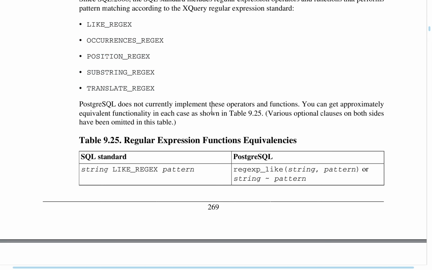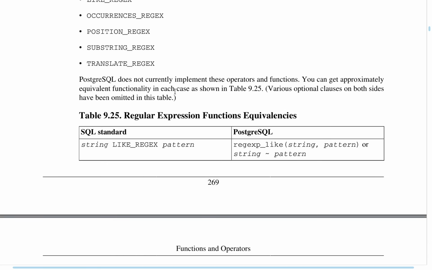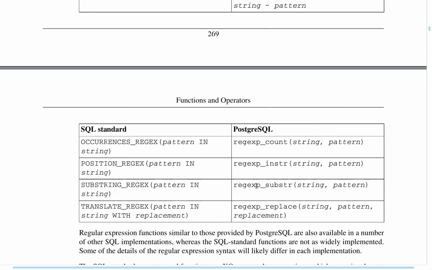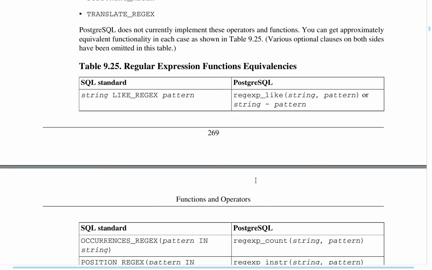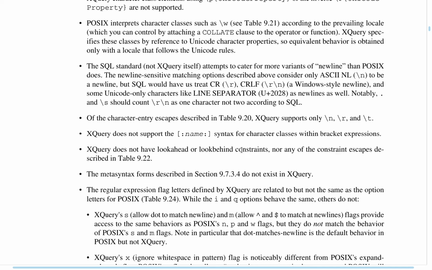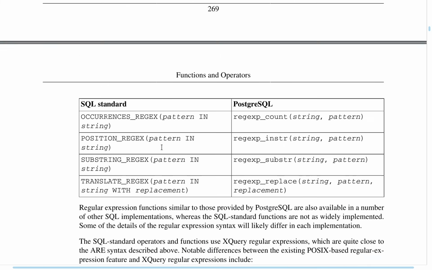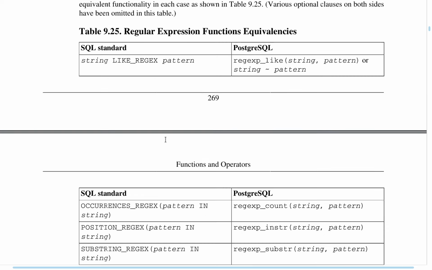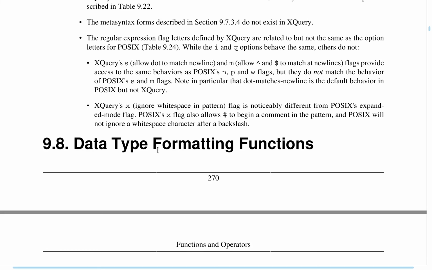But approximate equivalent functionality is given here, and we have covered all these functions in great detail. We have seen all these functions. So we don't care about XQuery as such. We will just discard it. BREs and XQuery we will discard. We don't need to read this.